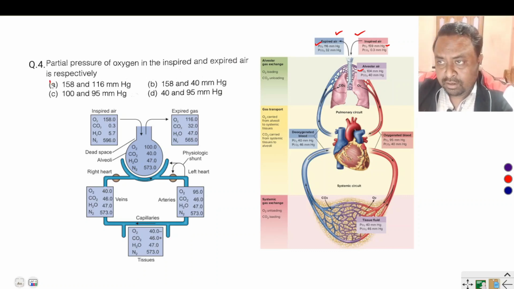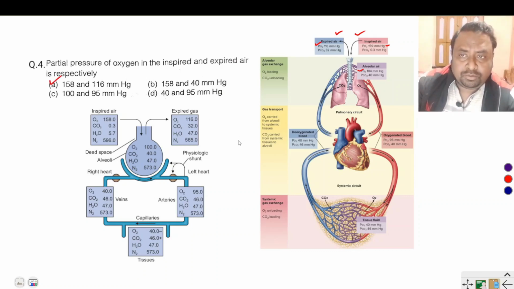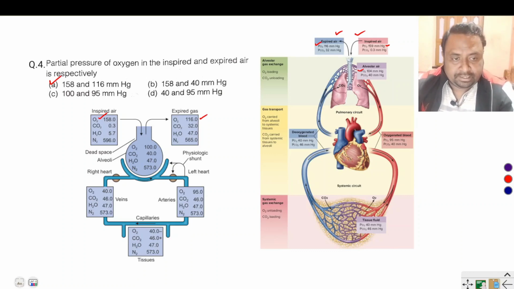That is the right option. Here the values are the partial pressure of oxygen in inspired air and expired air. Next question.